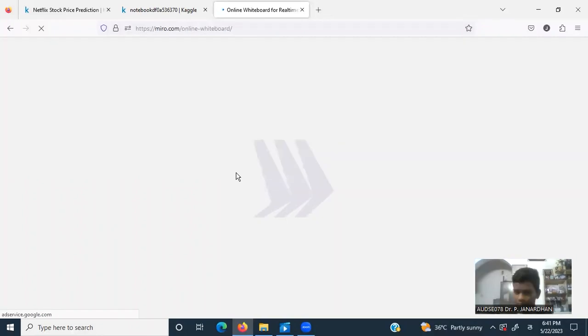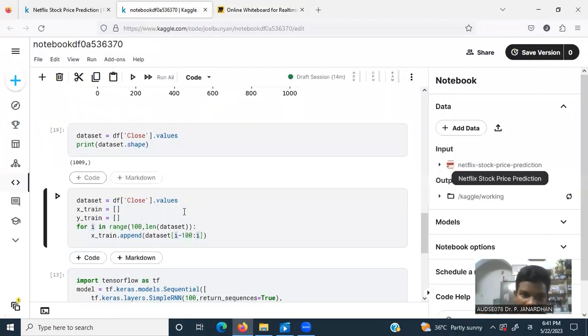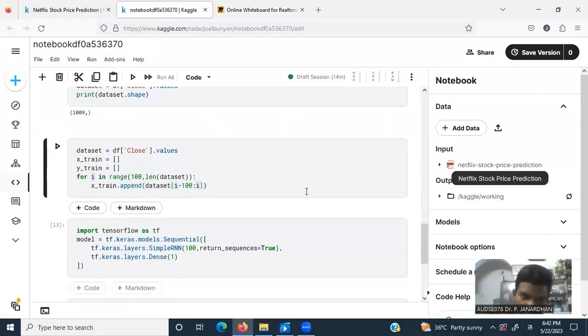As I have told you, let's say we have this dataset, right? It is going to take some time. What is going to happen is, as we go through xtrain, we are going to get the previous hundred values, so we are going to get the 100 values, right?